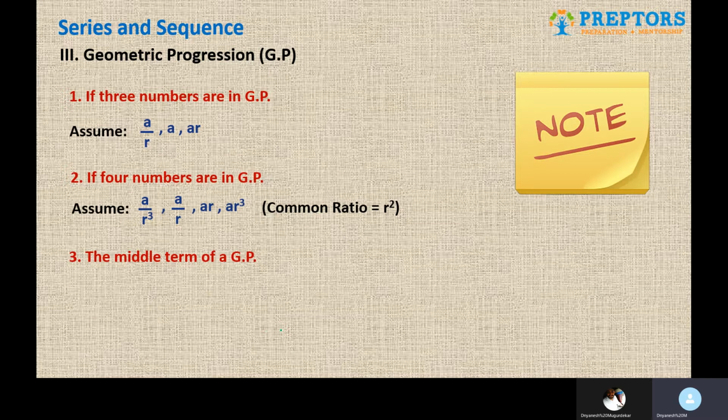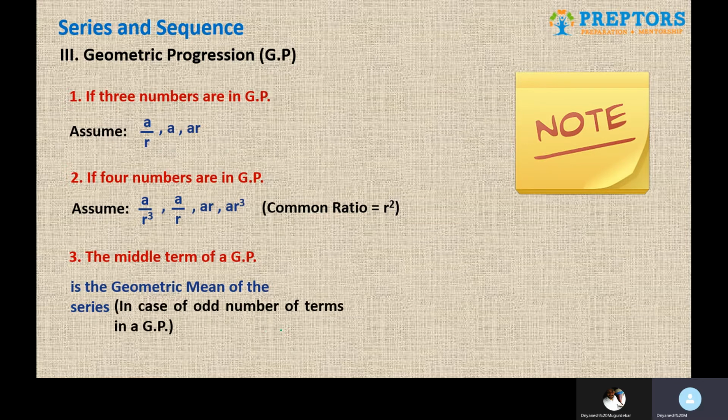Why is this the better way? When you multiply all four of them, all the r's will get cancelled and you will be left with just one variable, and hence that's an easier scenario to solve. The third and last note, as usual, the middle term of a geometric progression. The middle term is the geometric mean of the entire series, but only possible when you have an odd number of terms.